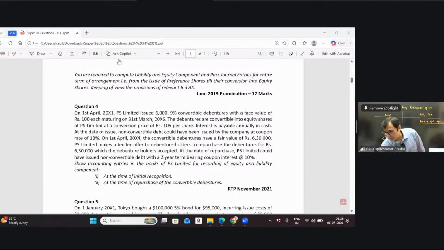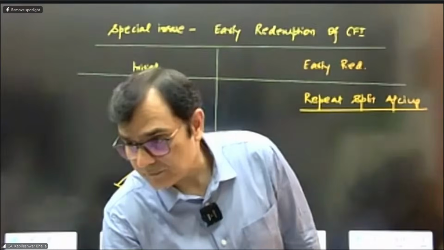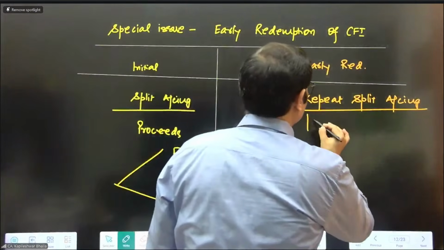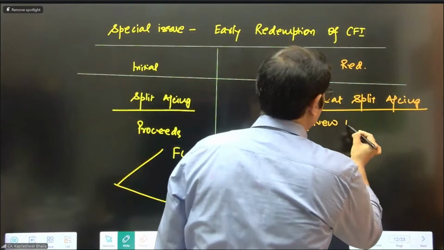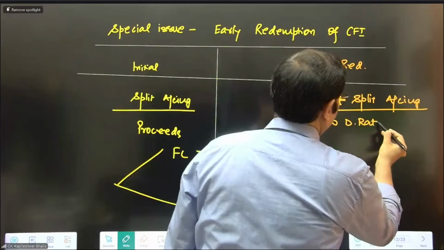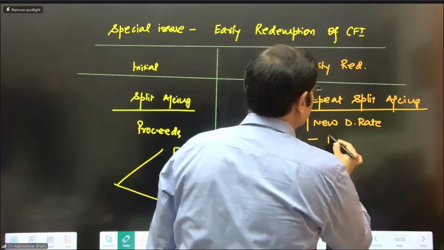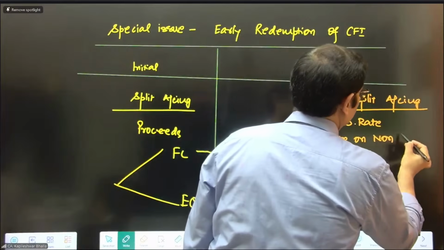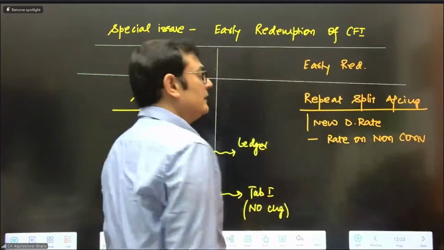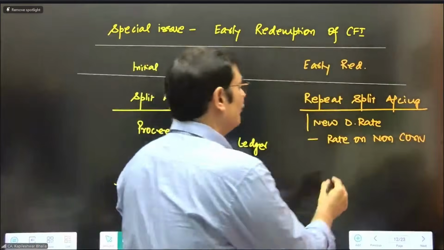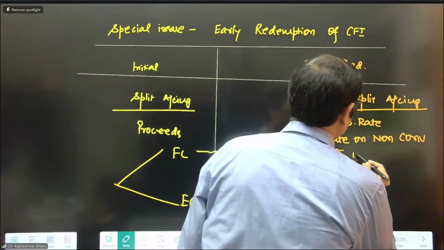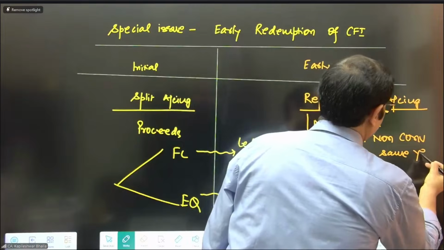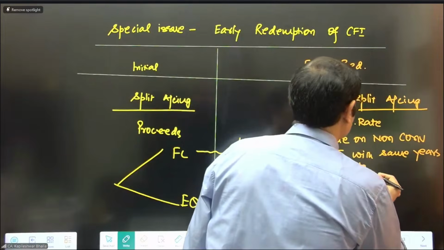Coming back to the agenda: when you repeat the split accounting, you need to consider a new discount rate. You need to consider the rate on a non-convertible financial instrument with the same years to maturity.